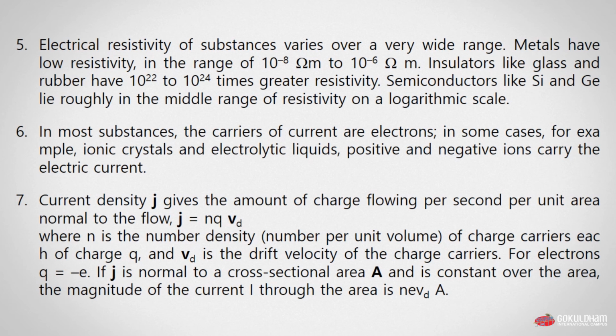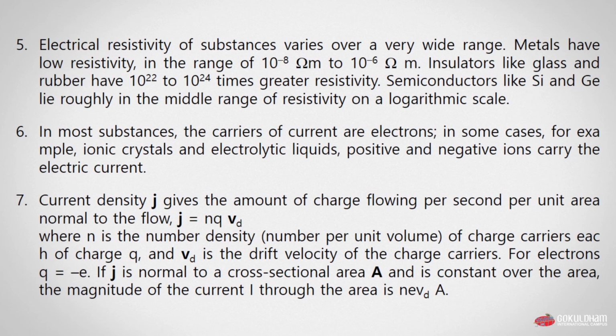Semiconductors like Si and Ge lie roughly in the middle range of resistivity on a logarithmic scale. Sixth, in most substances, the carriers of the current are electrons. In some cases, for example, ionic crystals and electrolytic liquids, positive and negative ions carry the electric current.